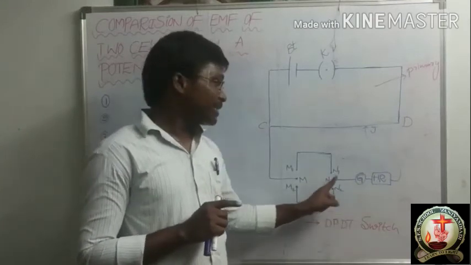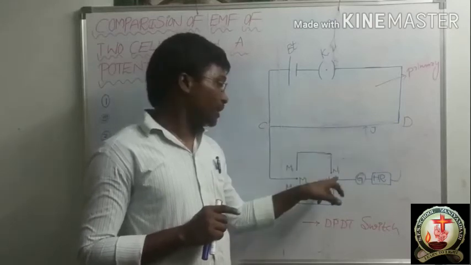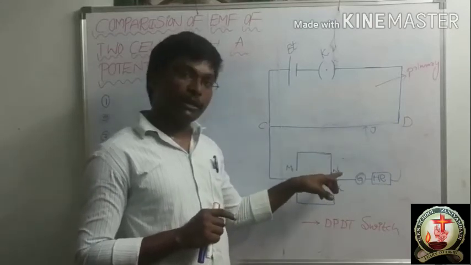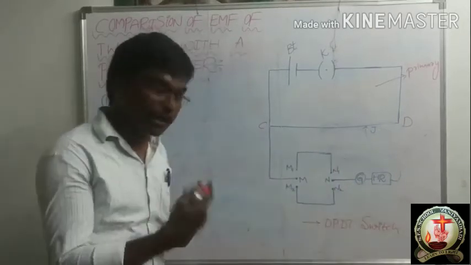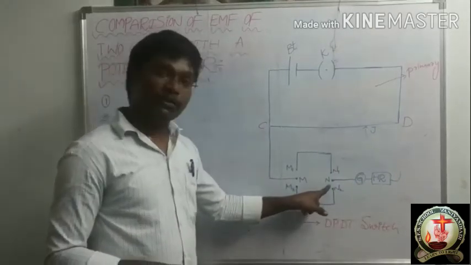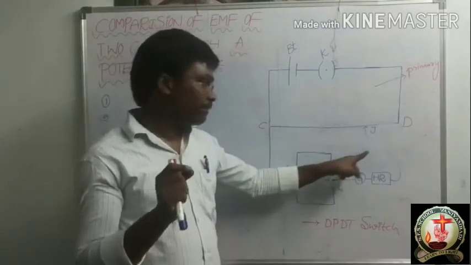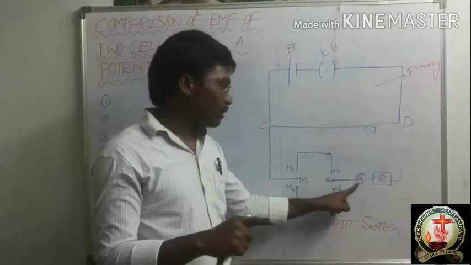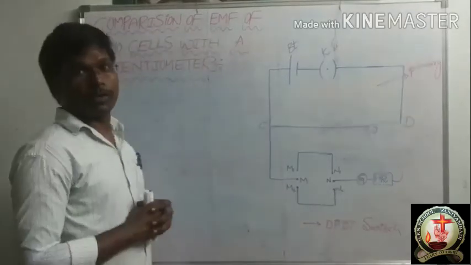This end is connected with a jockey. But in between the jockey and the end of the DP-DT switch, what is there? Galvanometer and high resistance box. That is the third point.